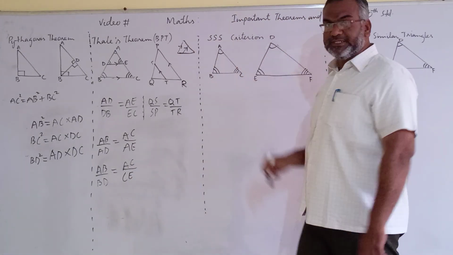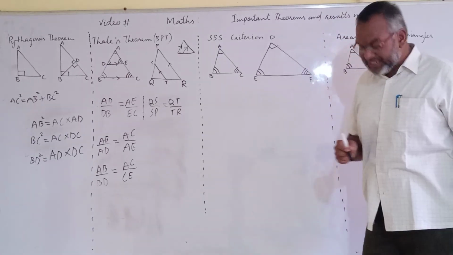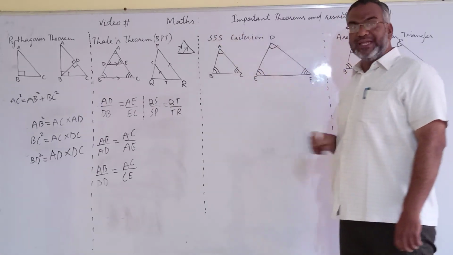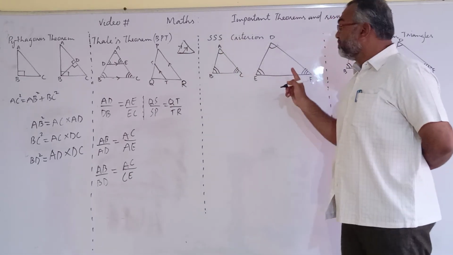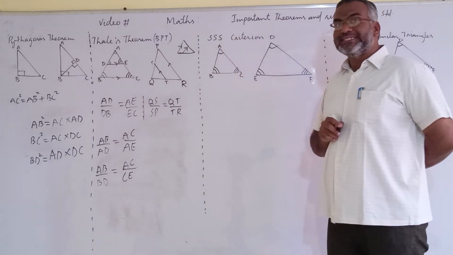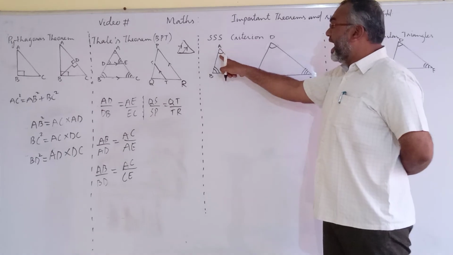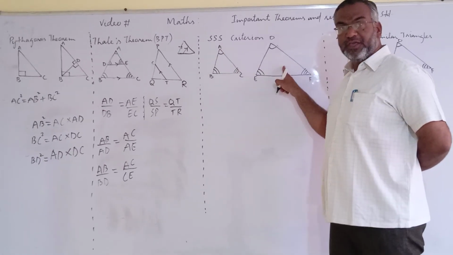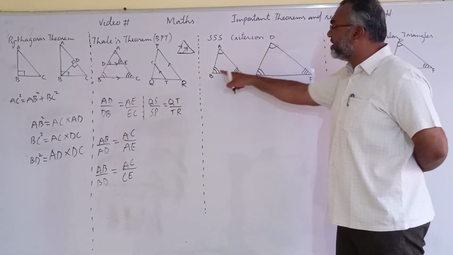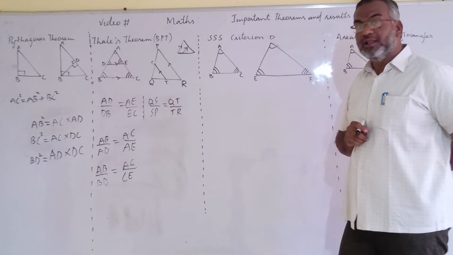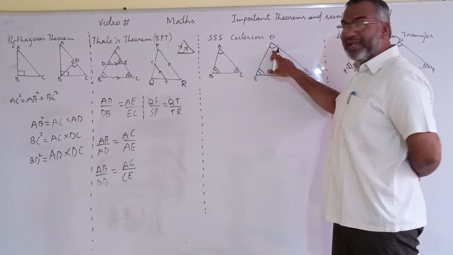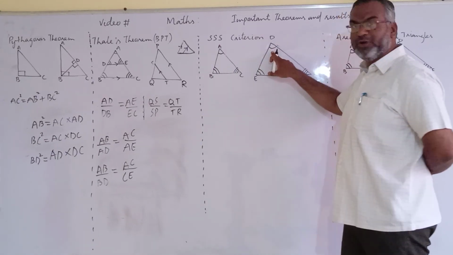Okay. Now look at this. Come to SSS criterion. According to SSS criterion, in two triangles, if their corresponding angles are equal, angle A is equal to angle D, so A and D are corresponding angles.